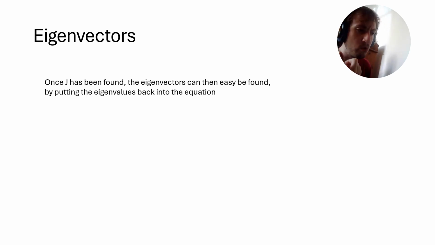We've also worked out the eigenvalues J, and therefore there's only one unknown in our equation, the eigenvector x. So finding x is quite straightforward once you've got your eigenvalue, because everything else is known.